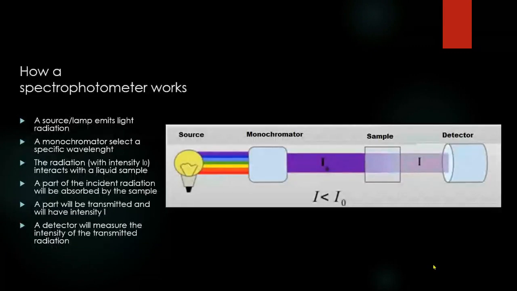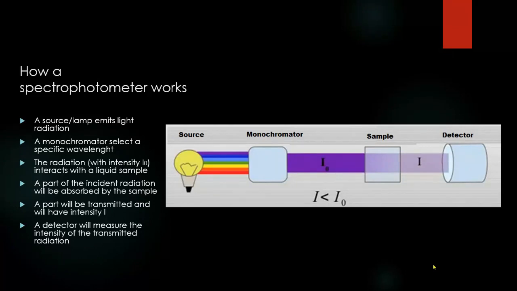Okay, then we will start with a short presentation of the technology of spectrophotometry. We start by saying how a spectrophotometer works. In a spectrophotometer, there is a source, a lamp, that emits white light radiation.